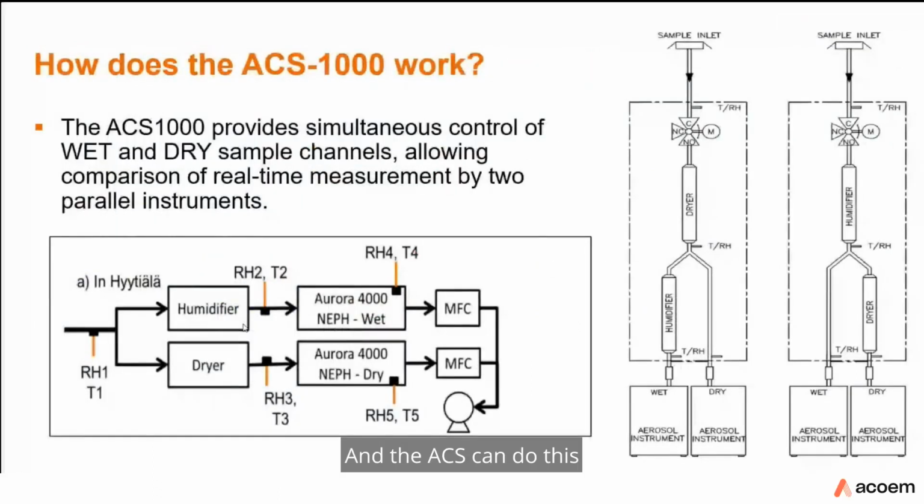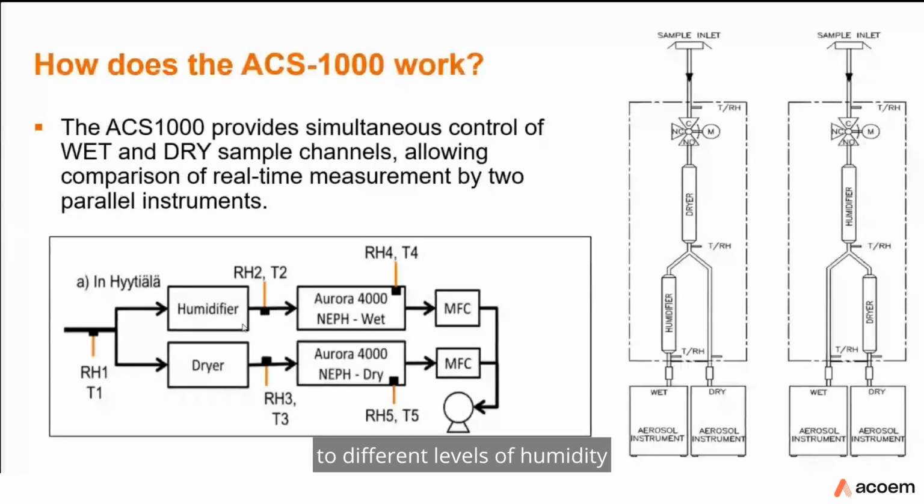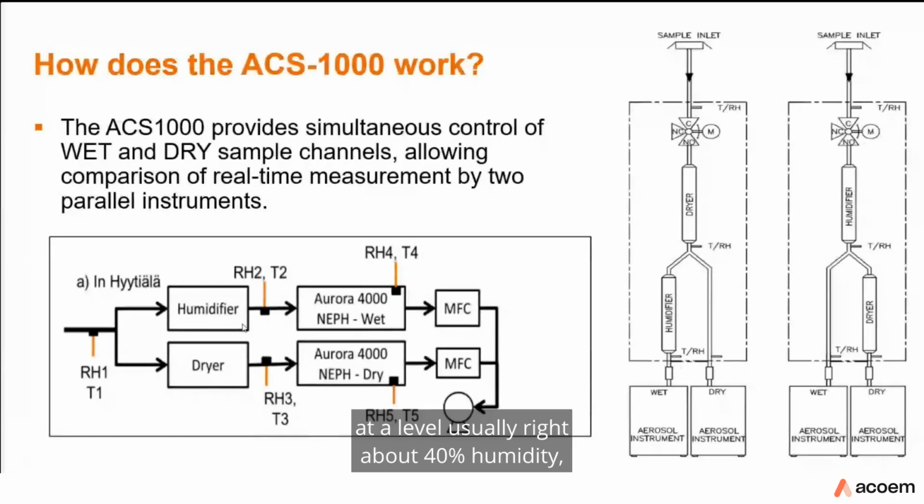The ACS can do this by simultaneously controlling two channels, a wet channel and a dry channel, with the ACS 1000 aerosol conditioning system. It can control the wet channel to different levels of humidity whilst maintaining the dry channel at a level usually lower than 40% humidity.